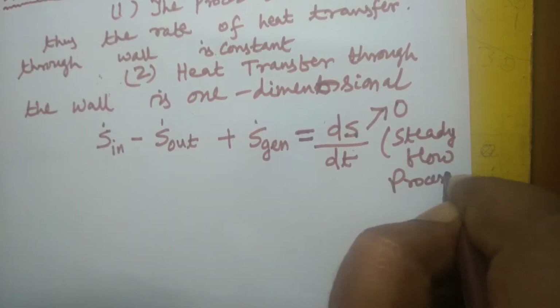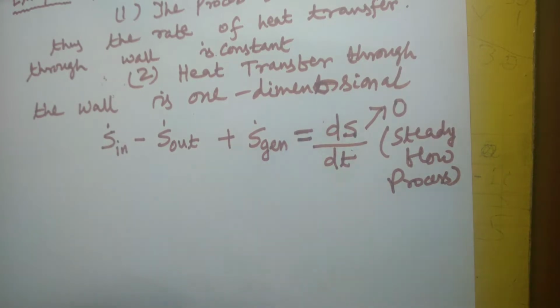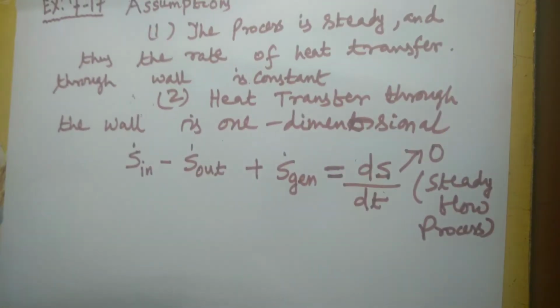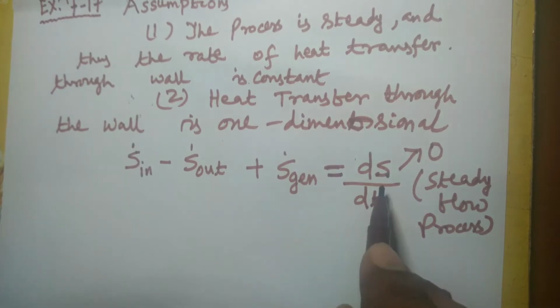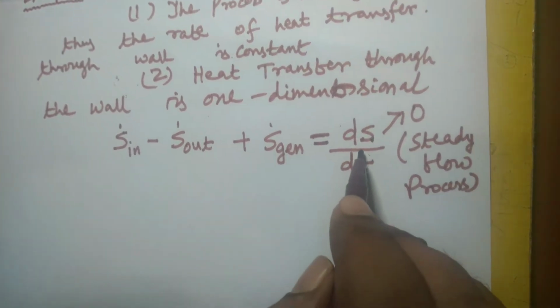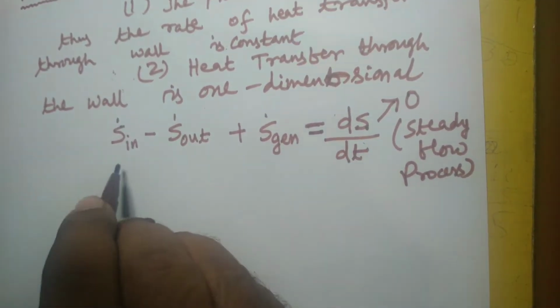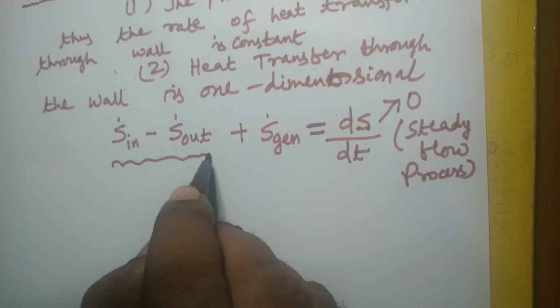So for a steady flow process, if you find the derivative of any property with respect to time, it will be 0. So dS by dt, that is the rate of change of entropy or change in entropy with respect to time, will be 0 because this is a case of steady flow. What does this term represent?